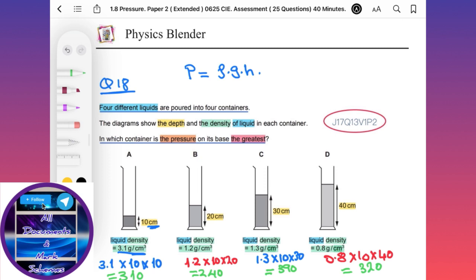We have density in gram per cubic centimeter and depth in centimeters. So if you would like to write the unit, it will be Newton per square centimeter. So the correct answer for greatest pressure, if you compare the numerical values, is C.